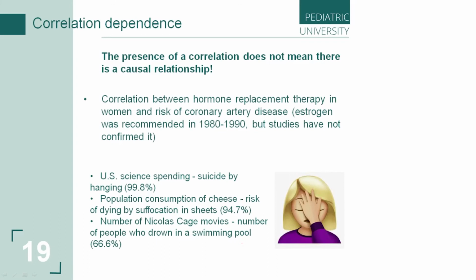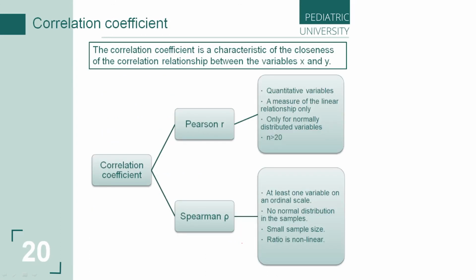So, the closeness of this correlation is assessed by the correlation coefficient. The correlation coefficient, what is this? We must see the definition. The correlation coefficient is a characteristic of the closeness of the correlation between the variables x and y.